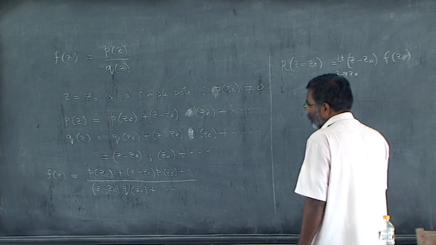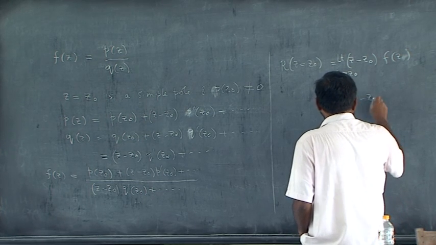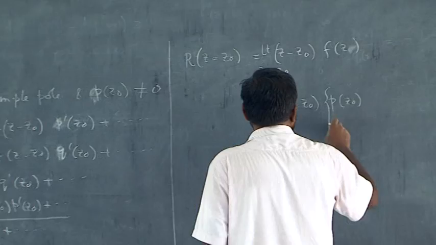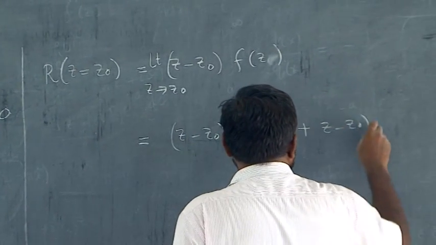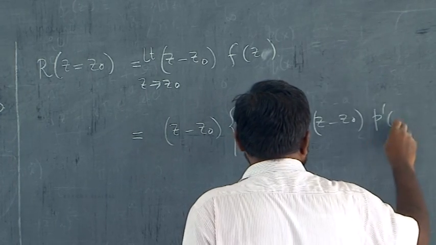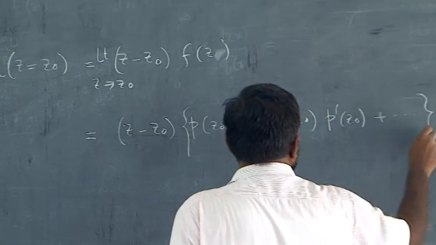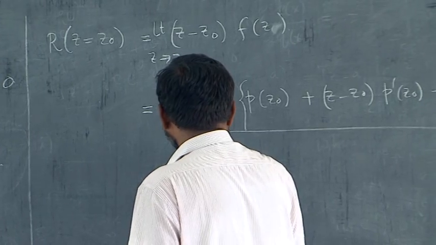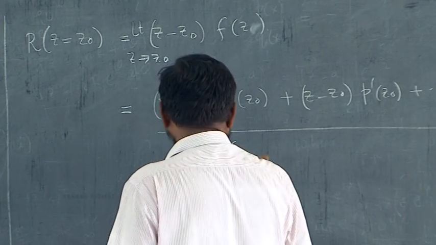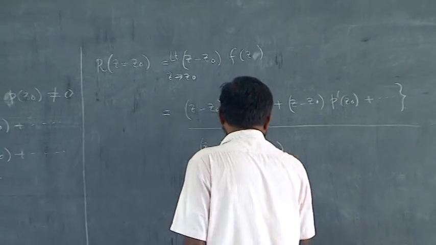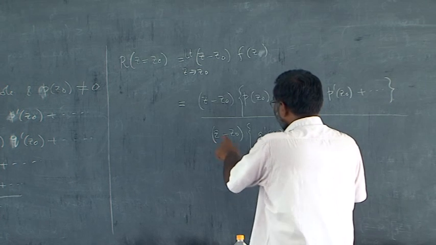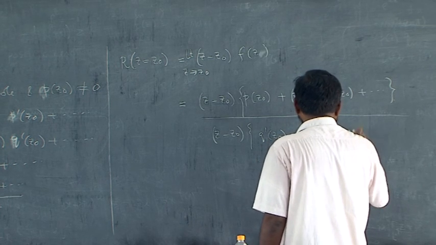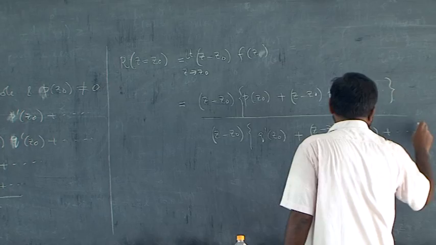So here you will have z minus z naught into p of z naught plus z minus z naught into p prime of z naught, etc., divided by, I can write z minus z naught, I pull out and write this as q prime of z naught plus the next term will be, I pulled out z minus z naught, so it will be z minus z naught by factorial 2 into q double prime of z naught and so on.